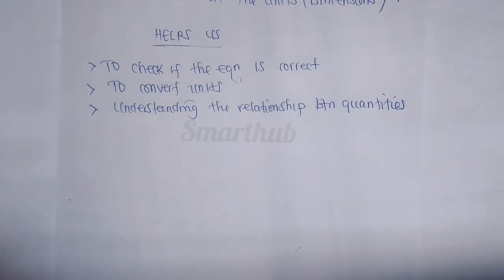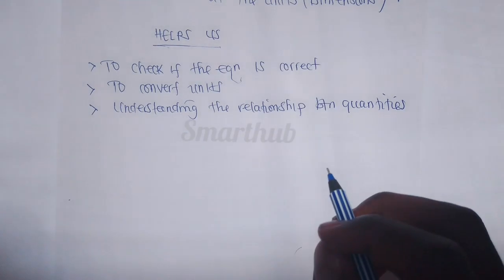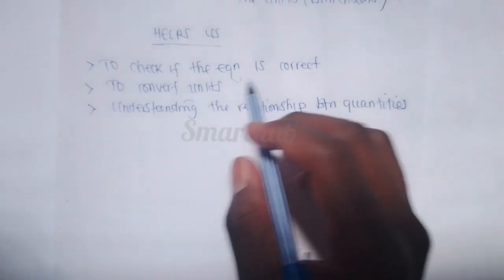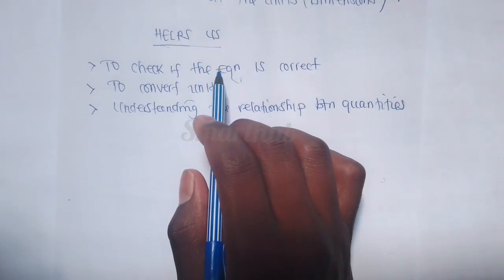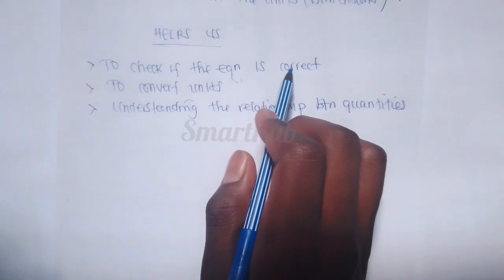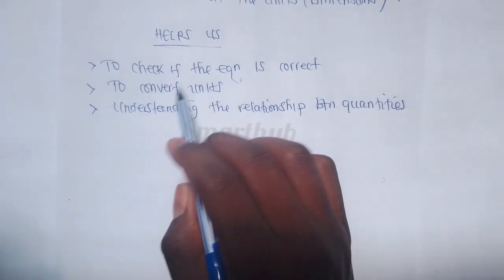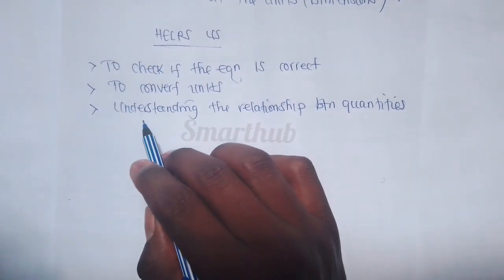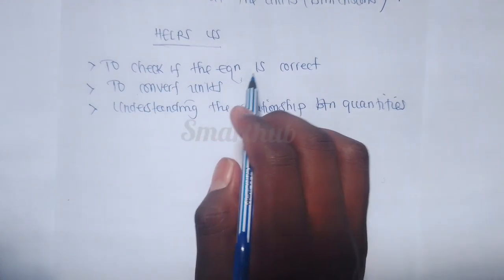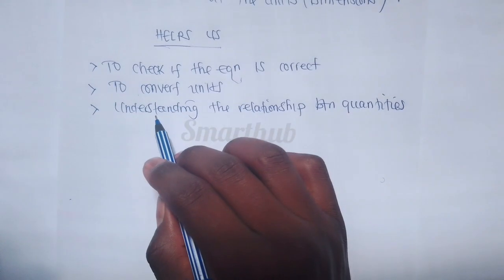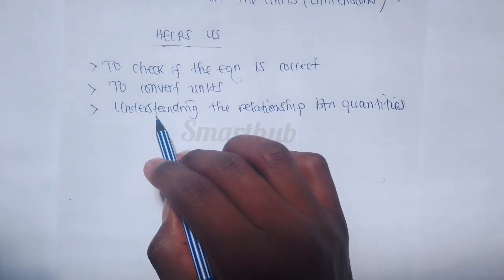Mostly, or let me say always, questions are brought from these: checking if the equation is correct, converting units, changing from one unit to another, and understanding the relationship between quantities.